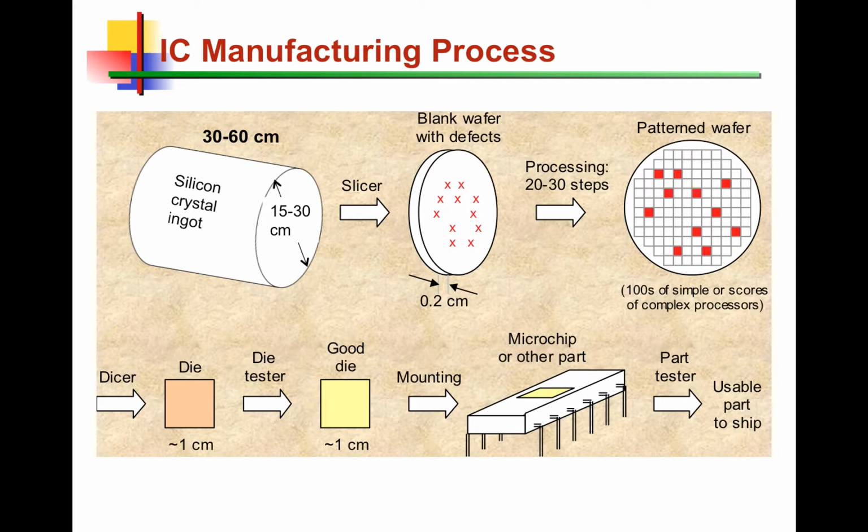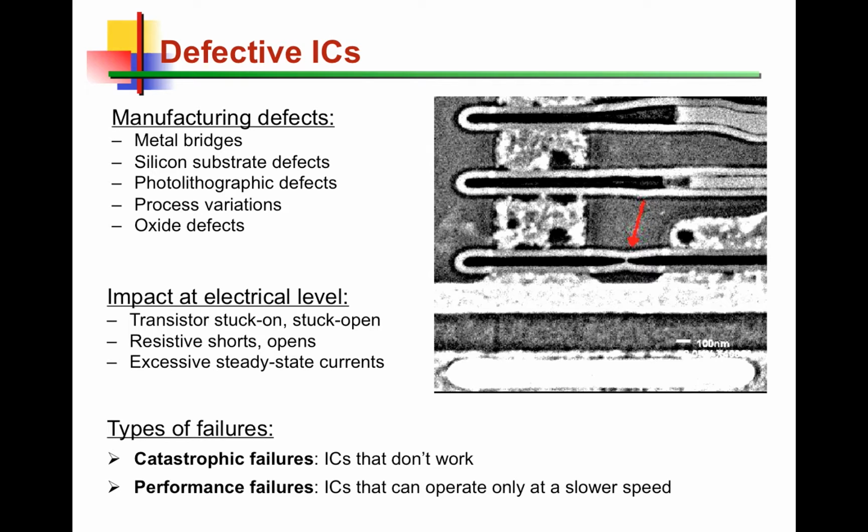Now, as you can see, this process involves many mechanical processes such as slicing and dicing, as well as steps such as photolithography and chemical steps, the etching process. As a result of these steps, the chips may end up having certain defects.